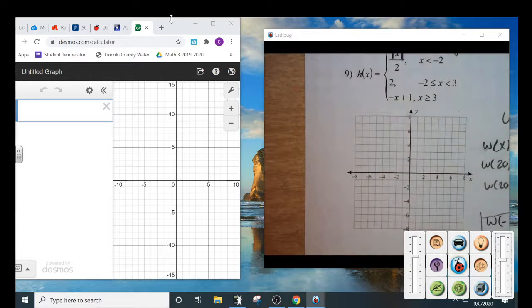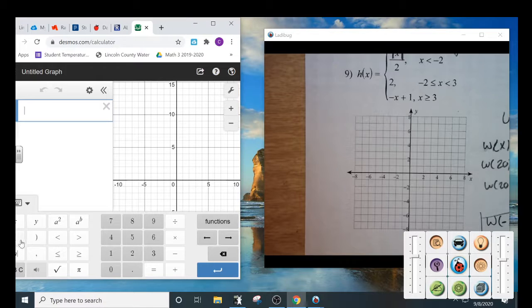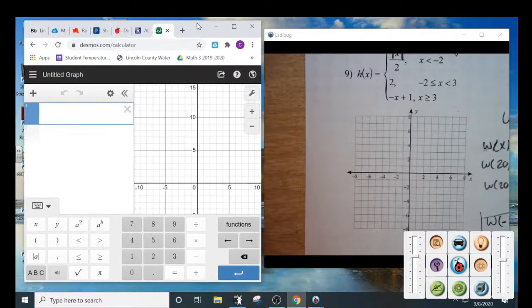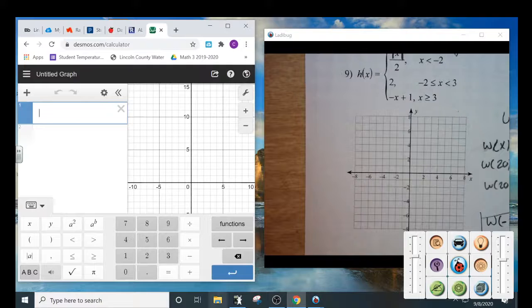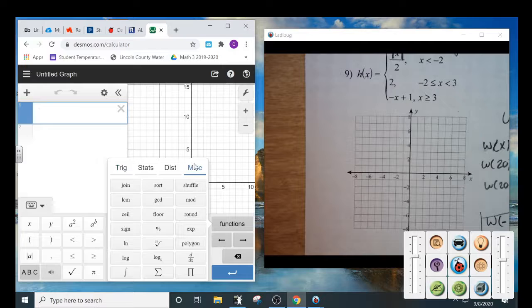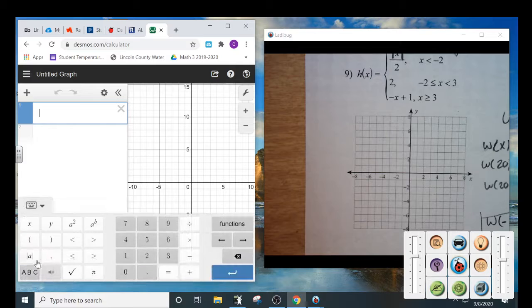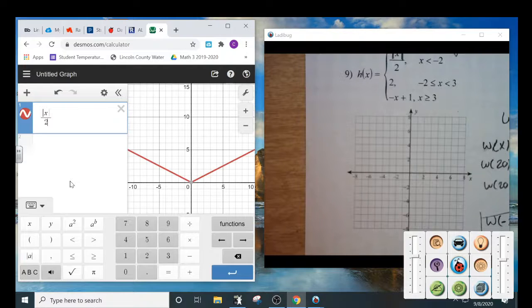All right, so let's see where our absolute value is. Function, miscellaneous. Nope. There it is right there. All right, guys, so we're going to do our fraction bar. x divided by 2. There is our first function, okay?